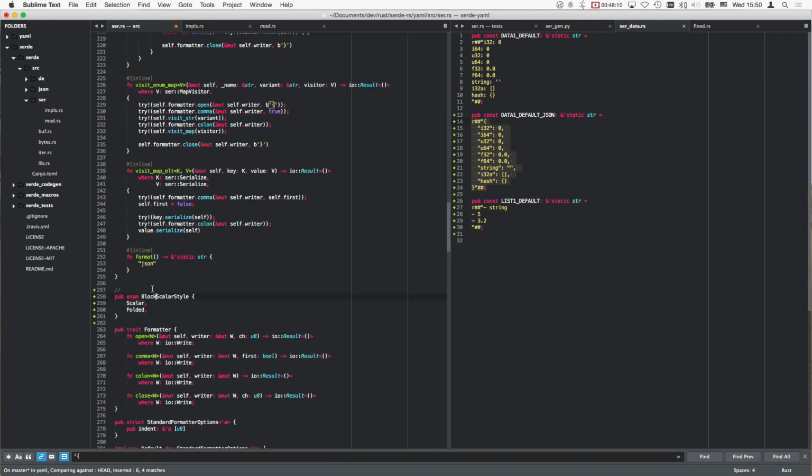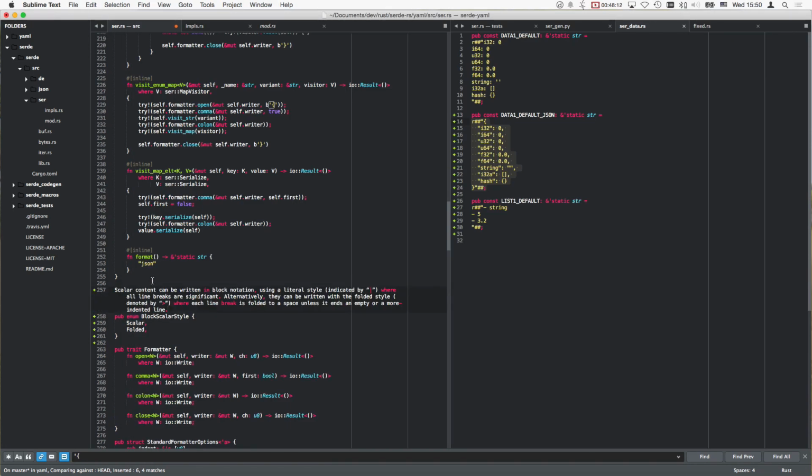this is kind of the documentation that I want to have here. Oops. Let's have at least one line break, shall we? Scalar content can be written in block notation using a literal style indicated by, where all line breaks are significant. Alternatively, they can be written with folded style denoted by.